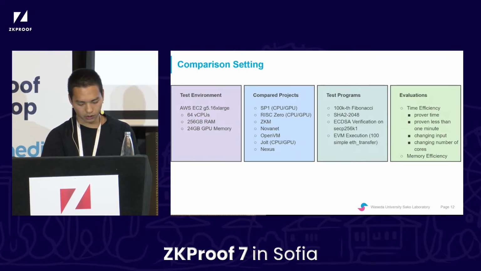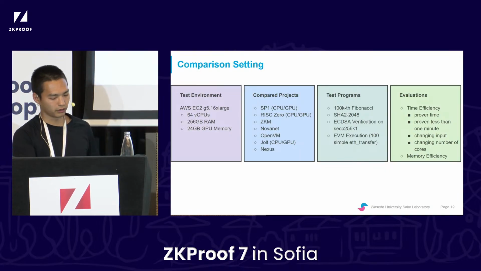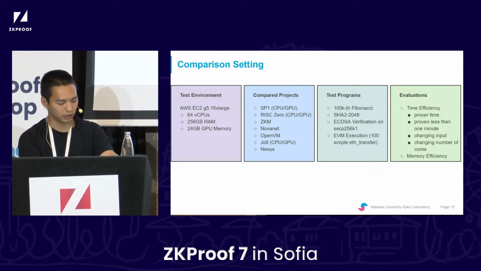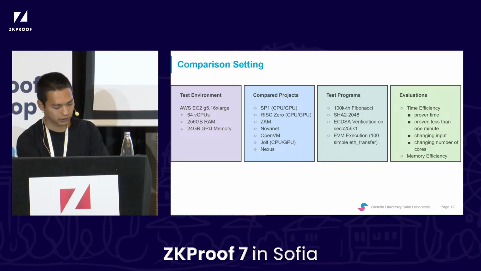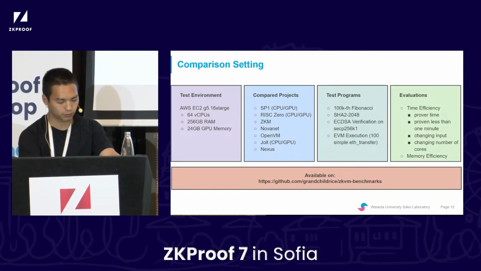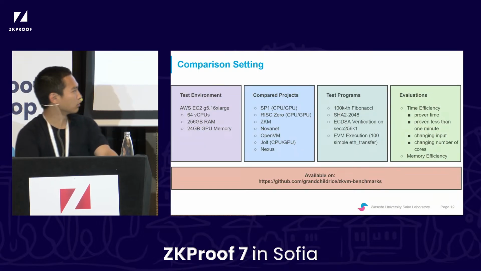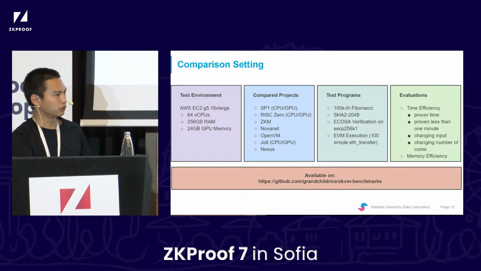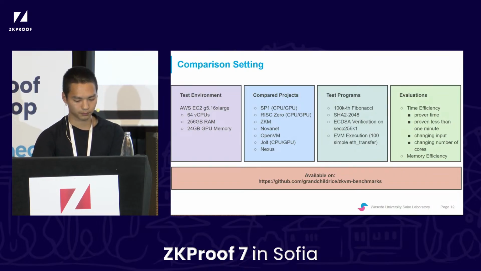And finally, we compared efficiency improvements when changing the number of CPU cores. And for memory efficiency, we compared peak memory usage. The benchmark programs are publicly available on GitHub, allowing anyone to reproduce our results.